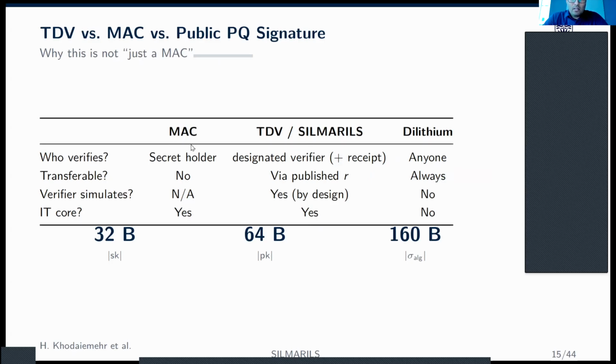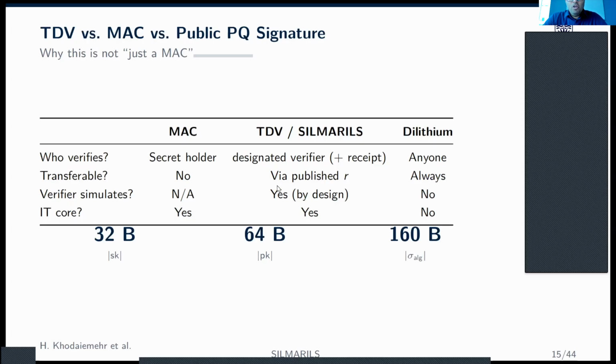If you look at the comparison of MAC and public key digital signatures and transferable designated verifier schemes like SILMARILS, you can see that in the MAC, the verifier is the secret holder, and in the public key scheme, it is anyone. The MAC is not transferable, so you cannot delegate your verification capability to other people.